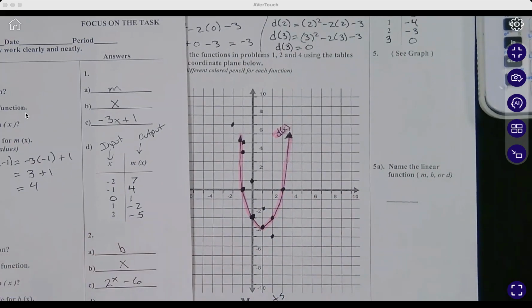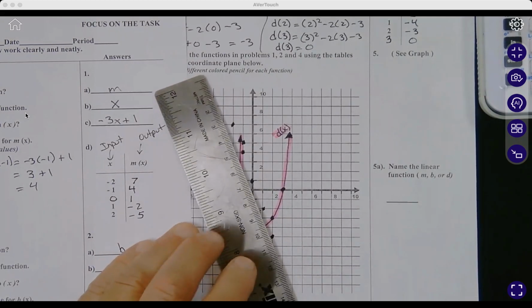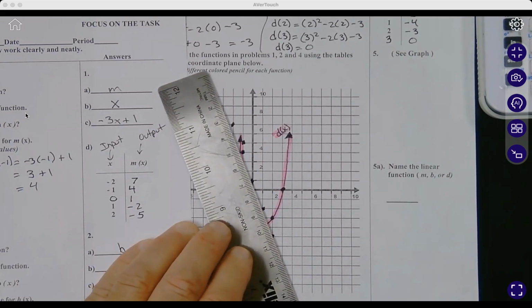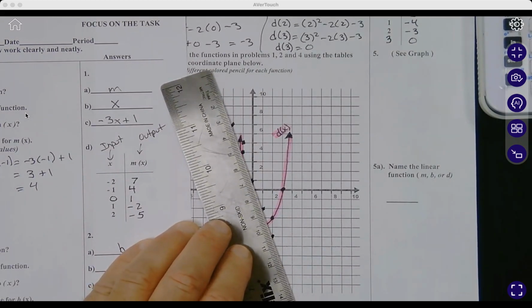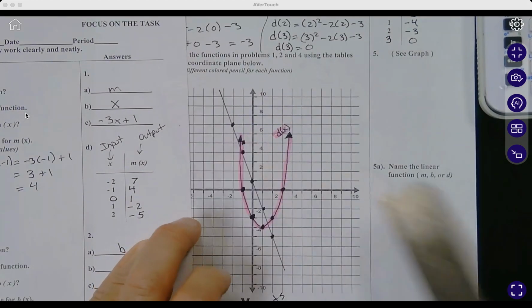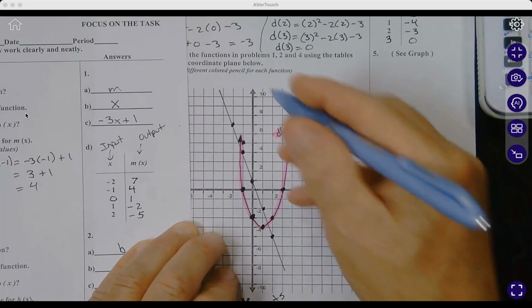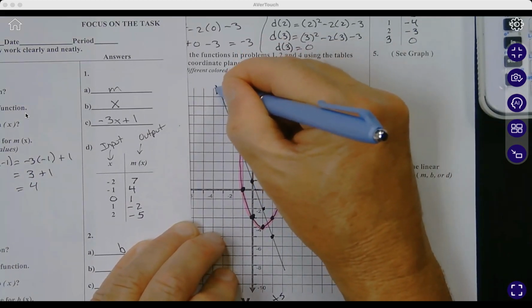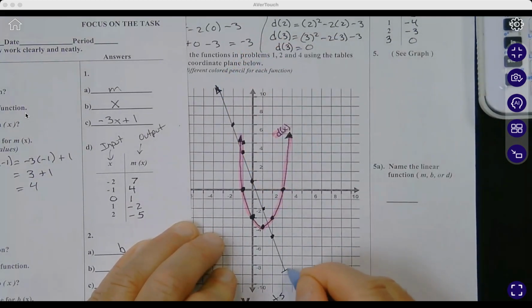And now I'm going to go ahead and draw that graph. That graph appears to be straight. So I'm going to go ahead and use a straight edge. Again, I know we only plotted these 5 points, but we have to see the bigger picture. And the bigger picture is that you can really put in any number you want.